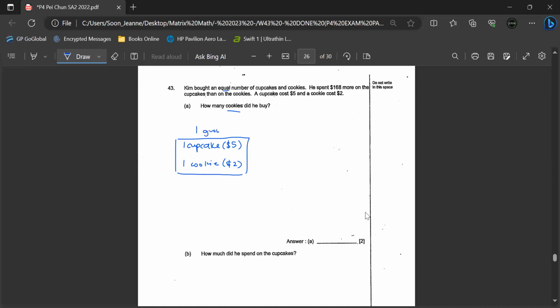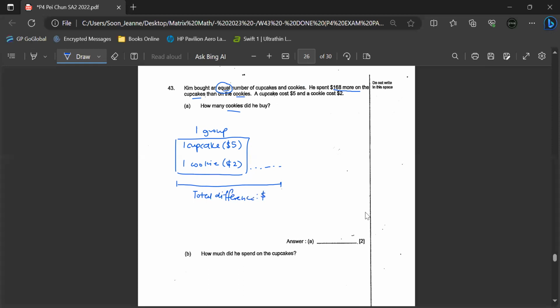Okay? So I don't know how many he's going to buy, but all I know is he's going to buy an equal number of cupcakes and cookies, and he's going to spend $168 more on the cupcakes than the cookies. We already know that 1 cupcake is more expensive than the cookie, which means that the 168 is the total difference.